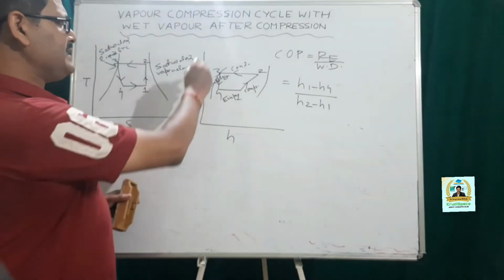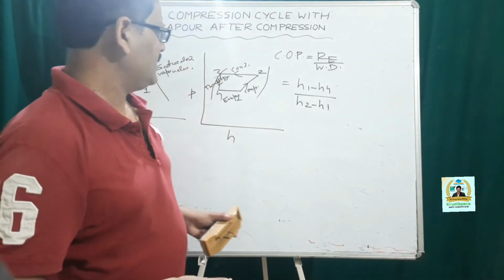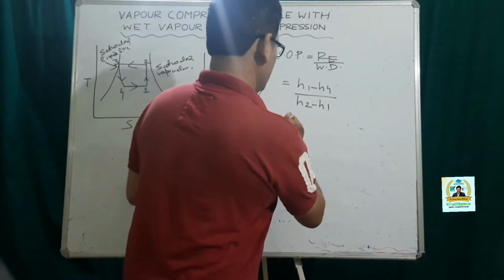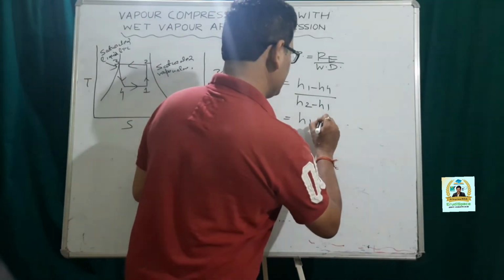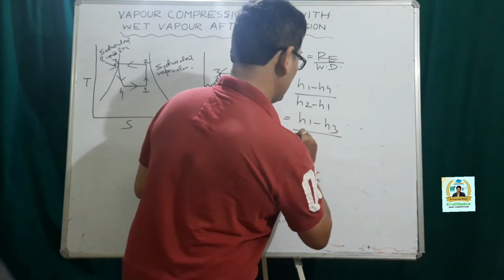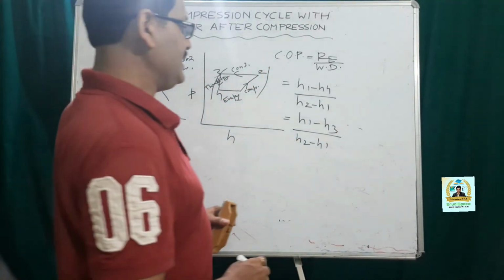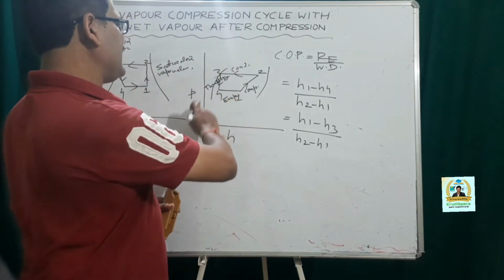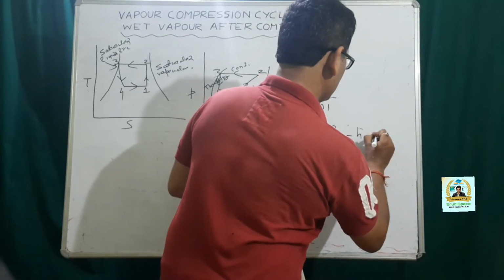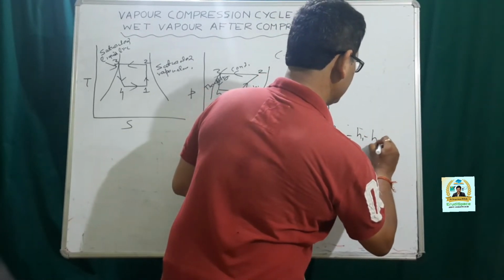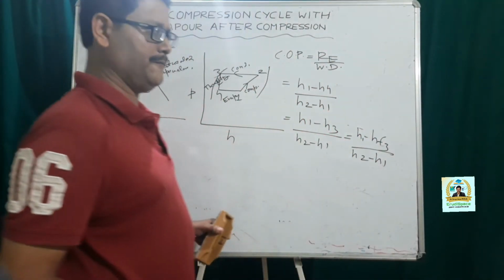Now, as throttling is an isenthalpic process, H3 and H4 are the same. So you can represent this as H1 minus H3 divided by H2 minus H1. Now, this 3 is lying on the saturated liquid line, so you can substitute H3 by hf3, divided by H2 minus H1.